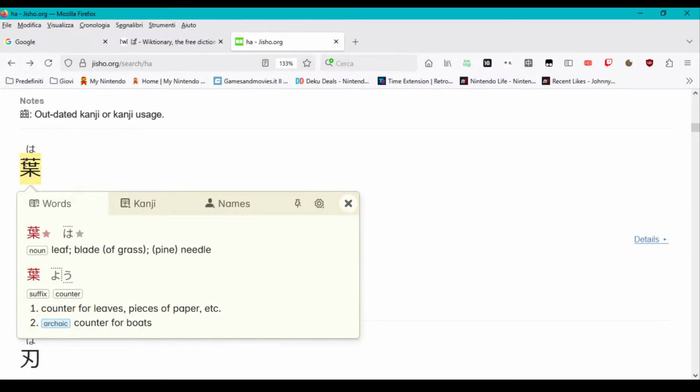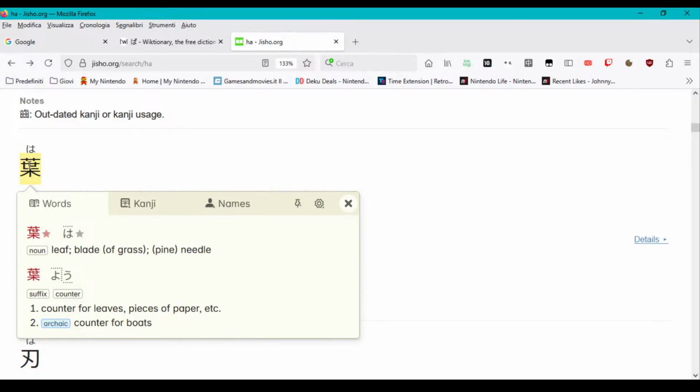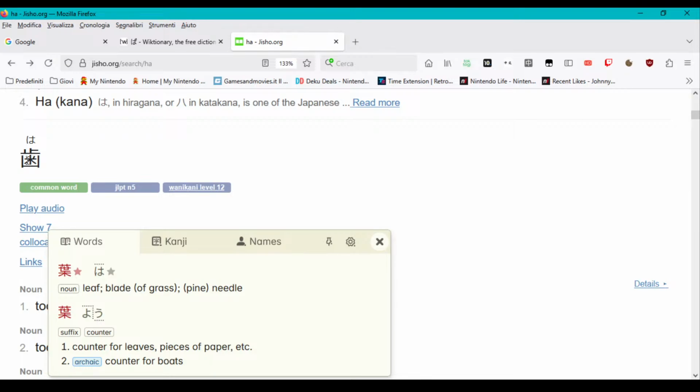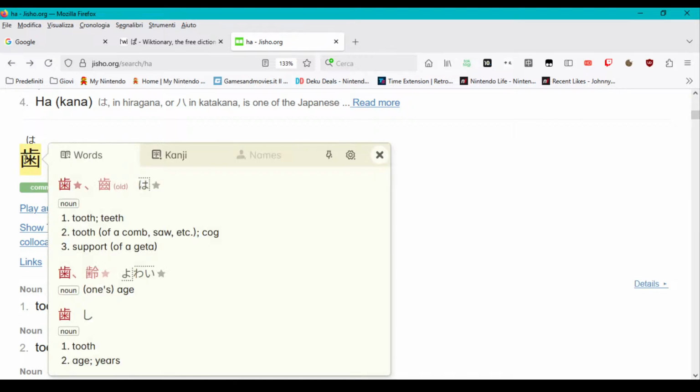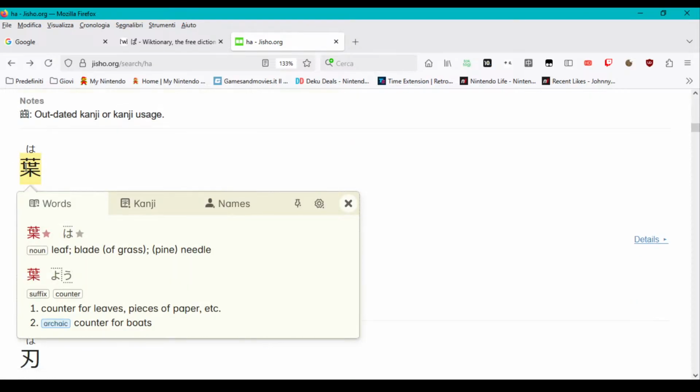Then we have ha, in this case unaccented, which means leaf, blade of grass, and so on. If we add the particle we have just studied, we have for the first one, hawa, as for the tooth slash teeth, while for the second one, hawa.